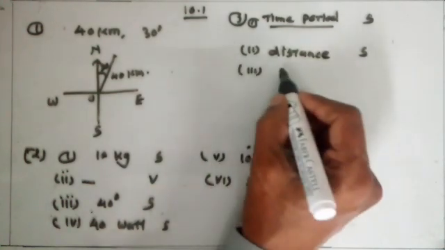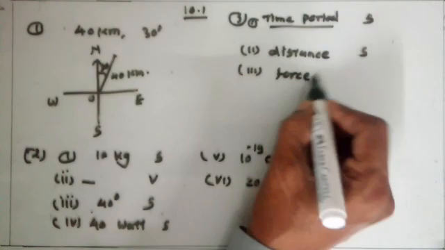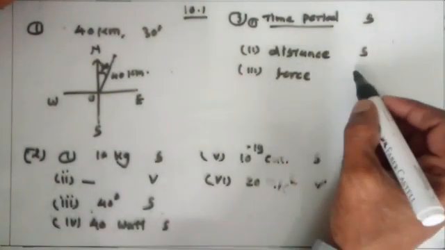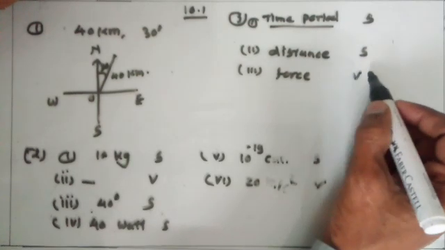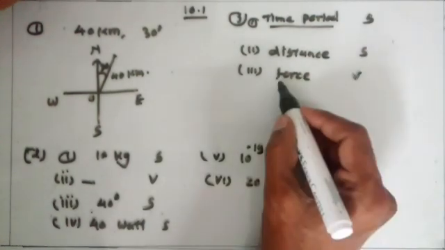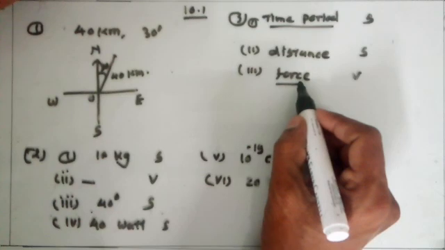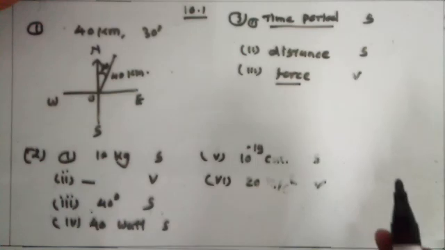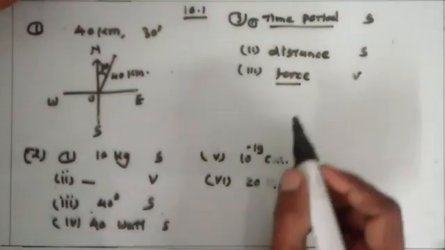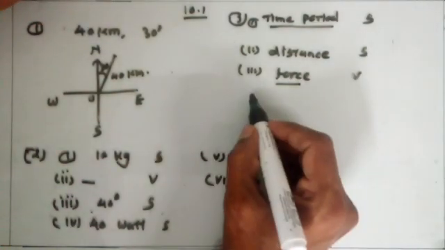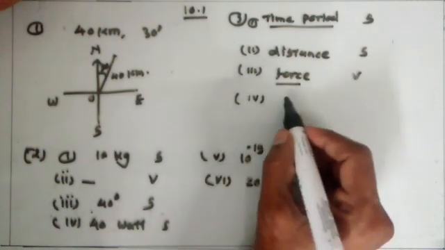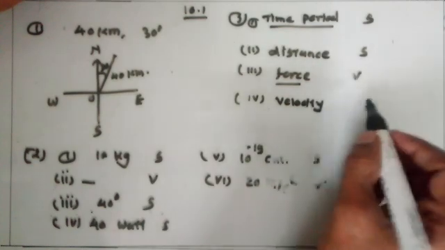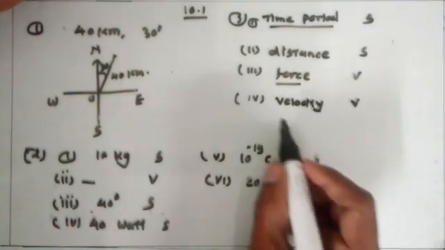Next, force is a vector because force has magnitude as well as direction in which force is applied. So this is a vector. Number 4, velocity is also a vector quantity.